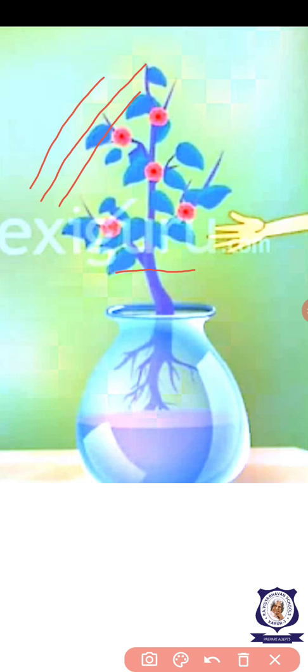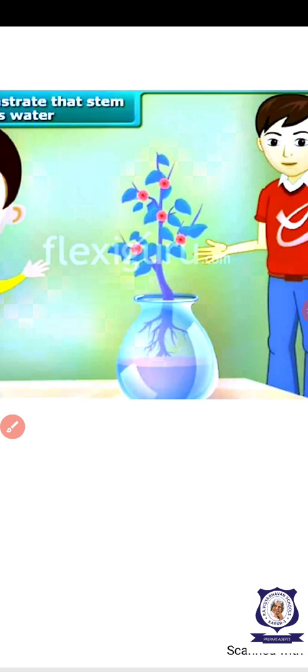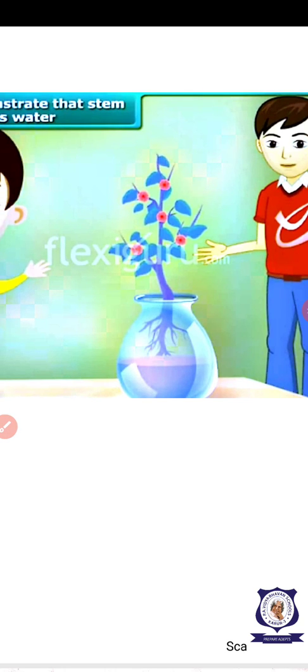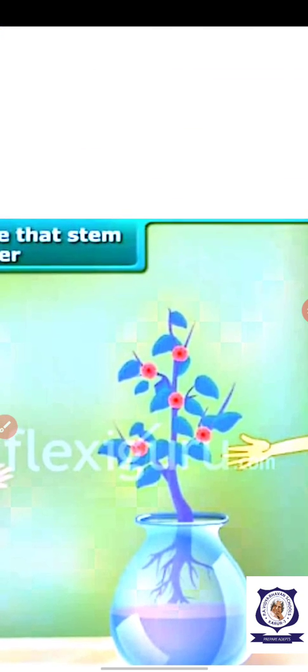That shows that the colored water is lifted up by the stem and it is absorbed by the root. So roots absorbing the water and minerals is proved, and stem conducting the water and minerals to the upper, aerial parts of the plant is also proved.